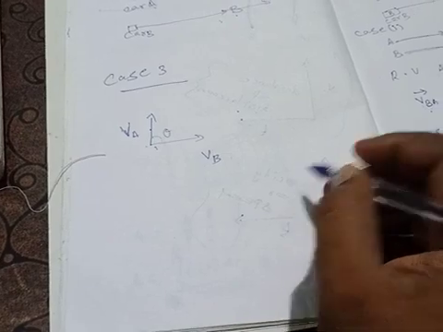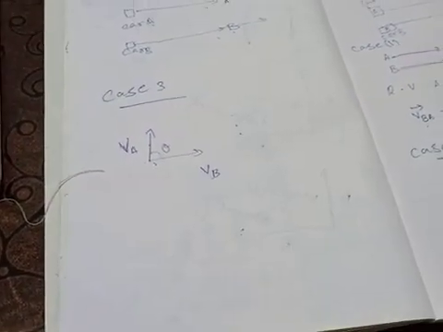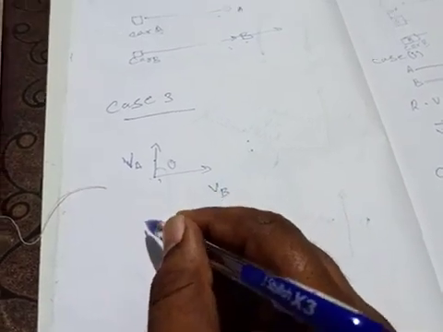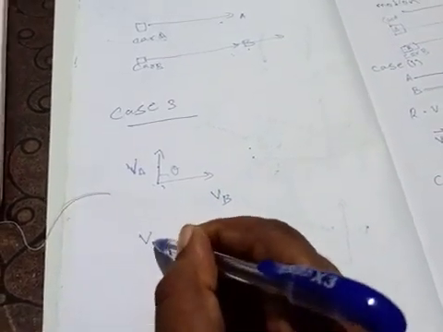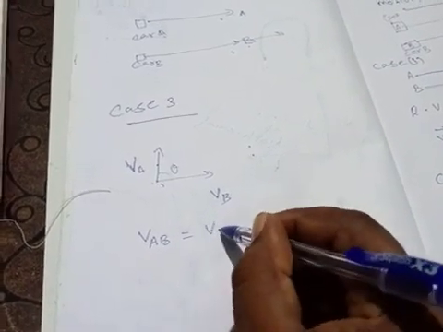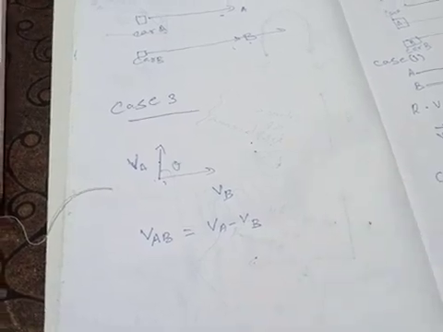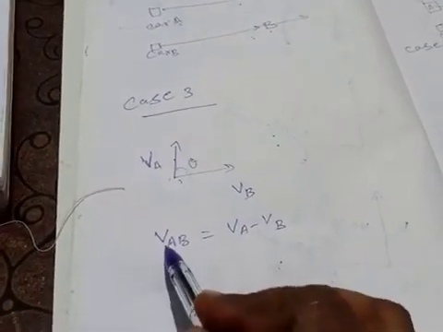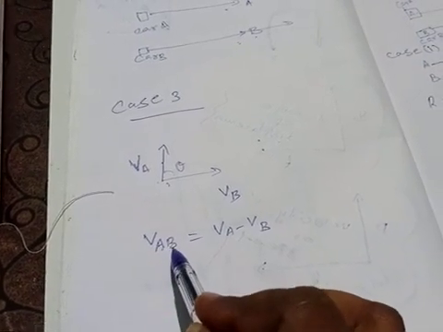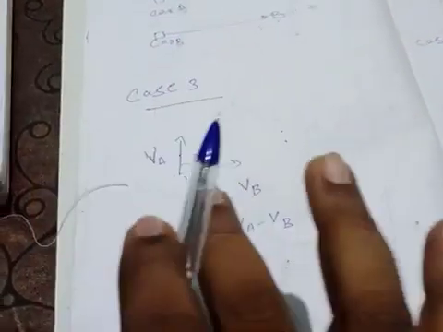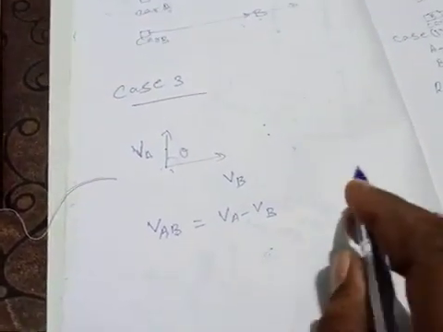Now what will the relative velocity be? The relative velocity of object A with respect to B, the same thing, is VA minus VB. The relative velocity of A with respect to B is VA minus VB, and for BA you will also get the same thing.